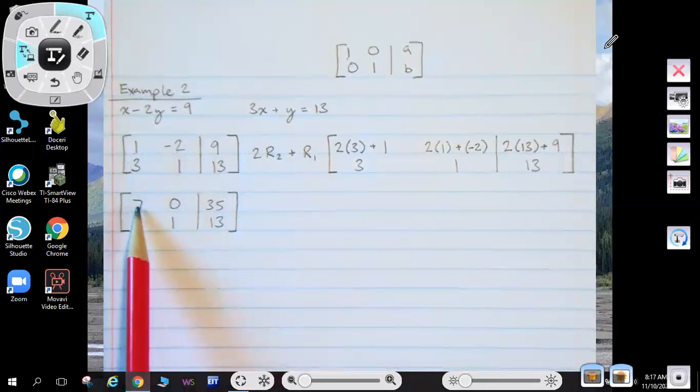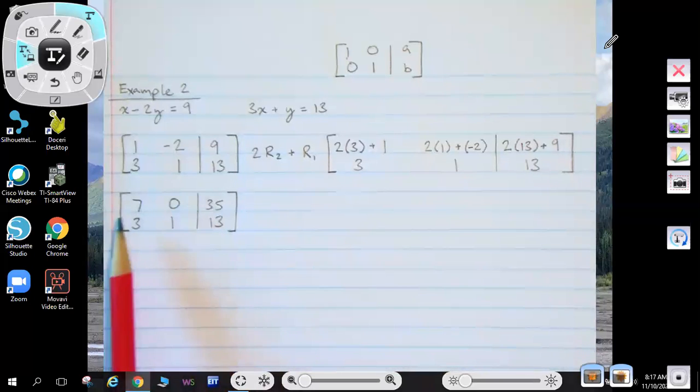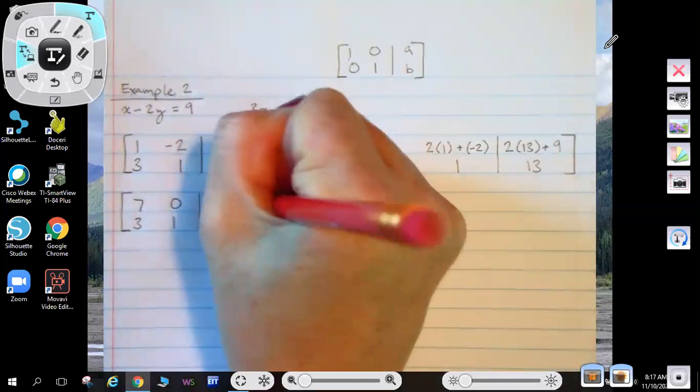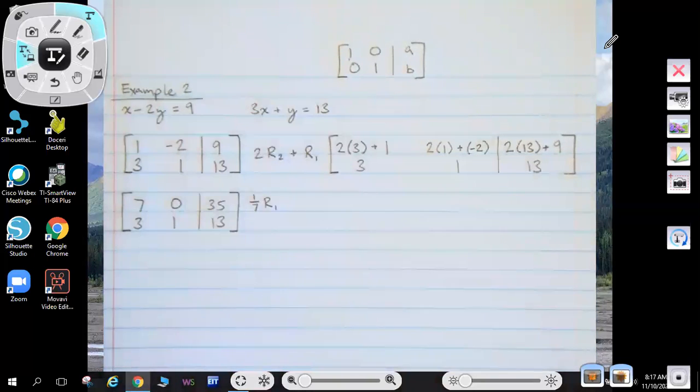So if you think about 7 divided by 7 is 1, and that's the same thing as 1/7 times 7. So really, if you need a number to become a 1, all you have to do is multiply it by a fraction where that number is in the denominator. 1/7 times row 1.